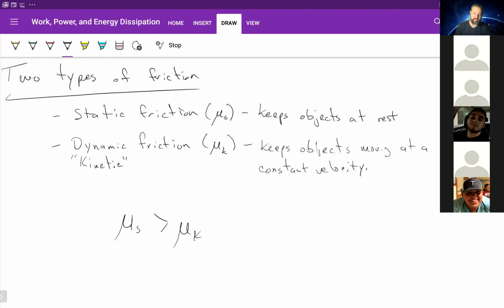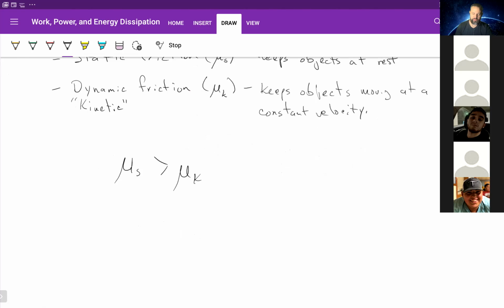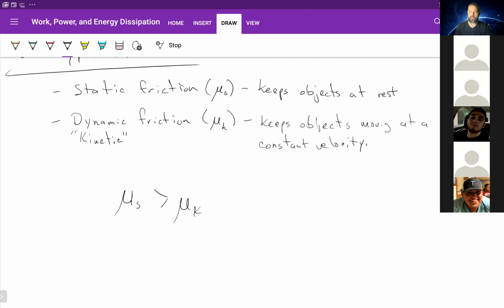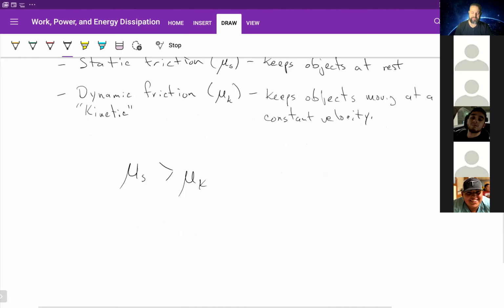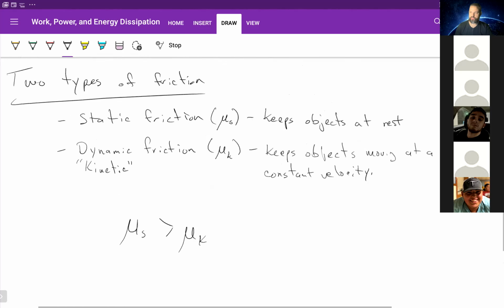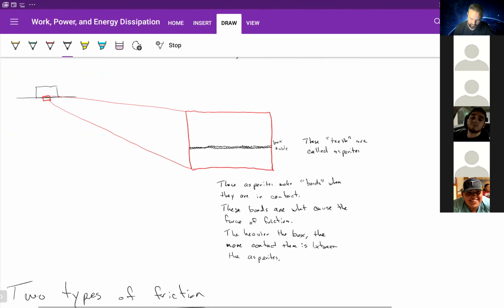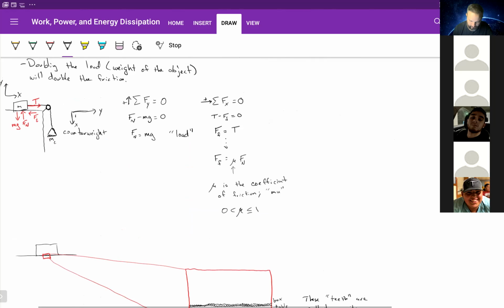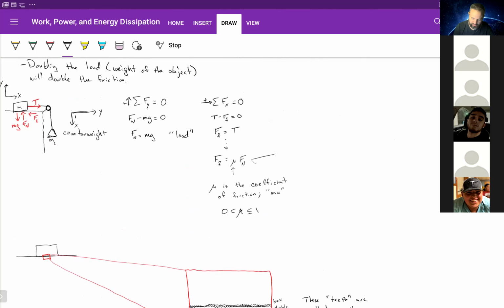The thing about static friction that I was not able to get to, or maybe I did say something but didn't say it too formally, is about the equation here. Let me rewrite that.